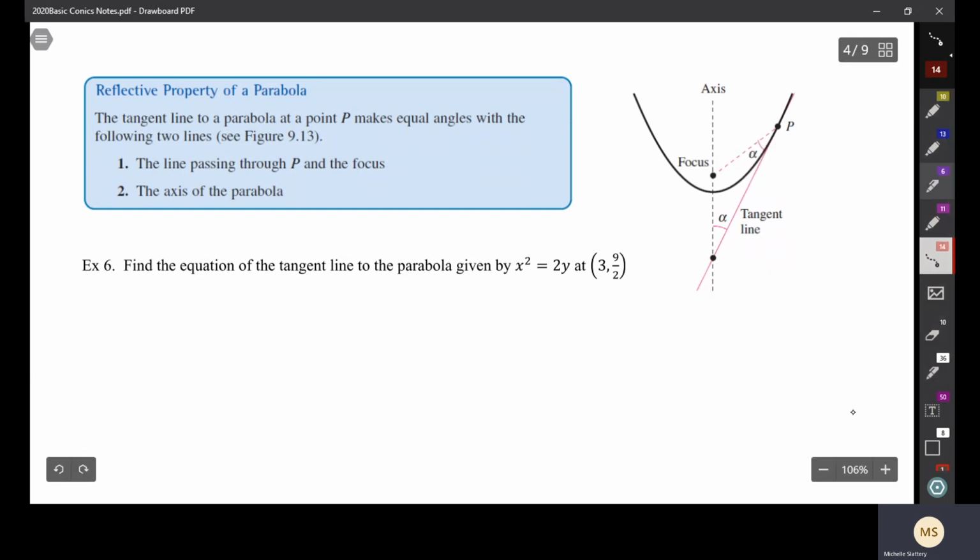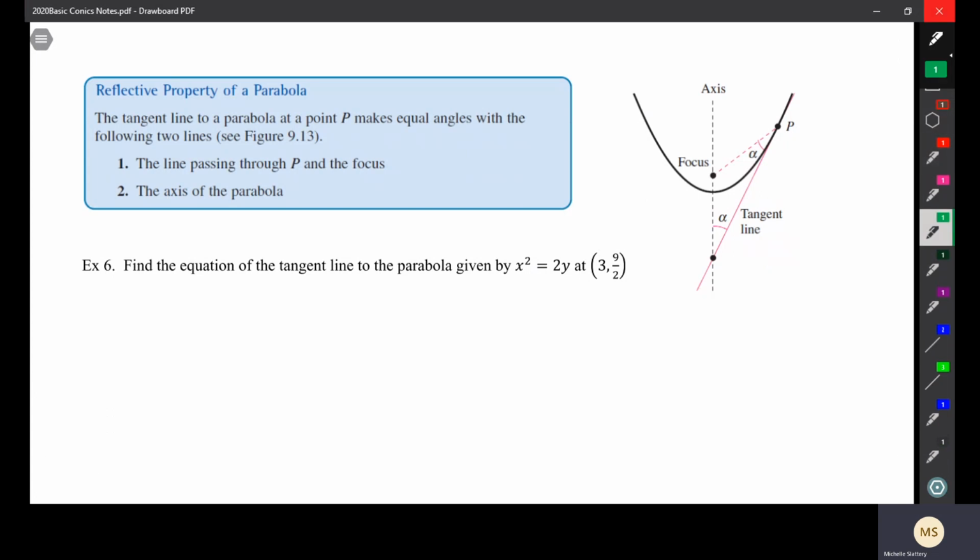It's going to make an equal angle with the line passing through the focus and point P. So I can look here, the focus to point P, that green one, it's going to make that same angle. So this angle here is alpha.